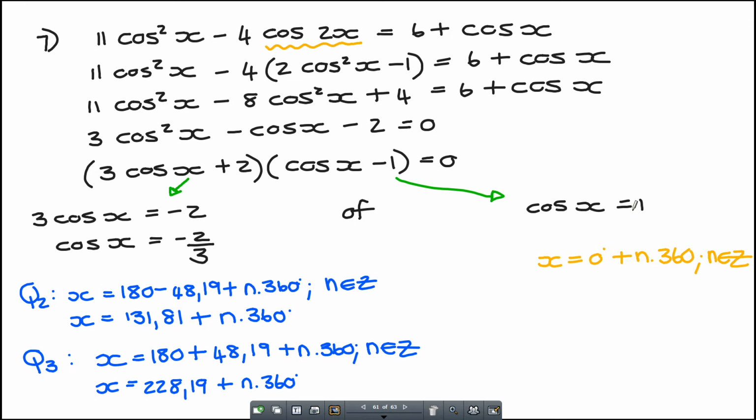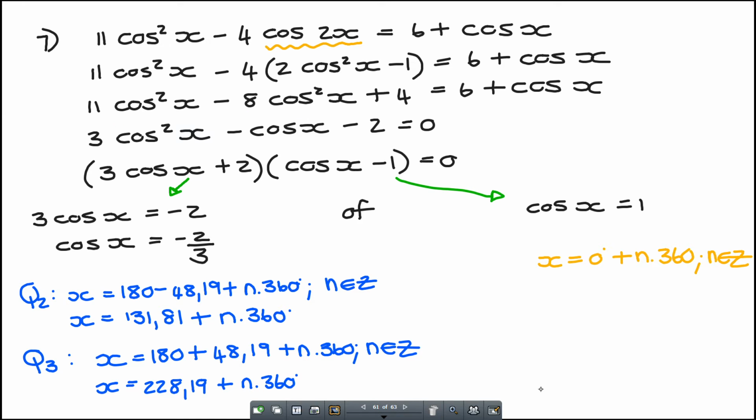Why did you get from 11 cos x to 3 cos x? From here to there. Okay, so have a look. Cos squared x, cos squared x, so they are like terms. So 11 of those minus 8 of those gave me 3 cos squared x. Do you understand that part?